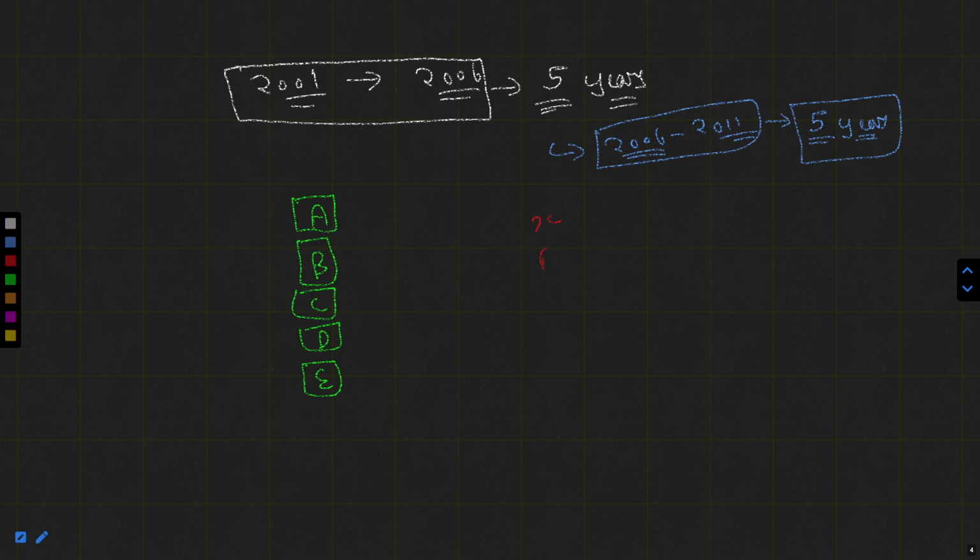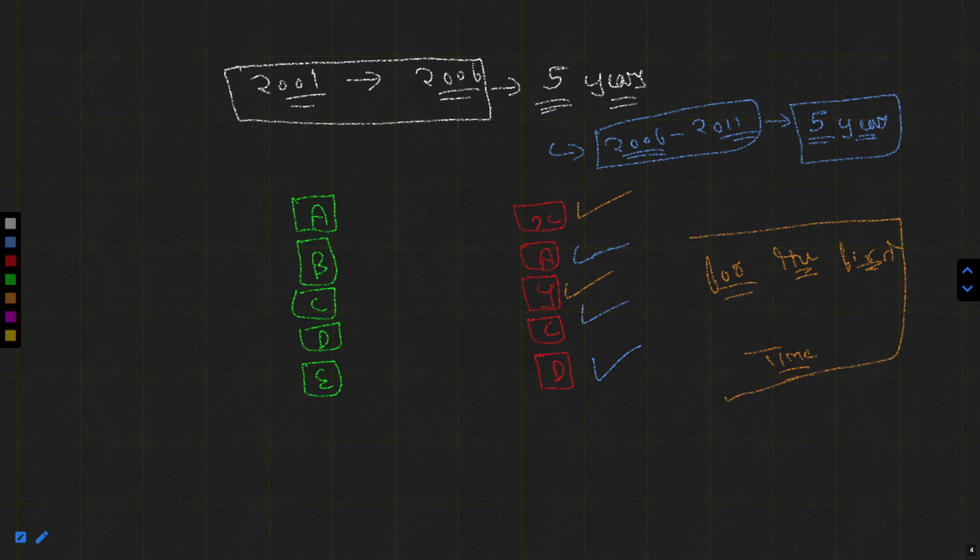Suppose the new members are X, A, Y, C, and D. If these are the new members, then A, C, and D are from the previous commission. It means that only X and Y are the members who have been appointed for the first time. Got it? That's the thing.